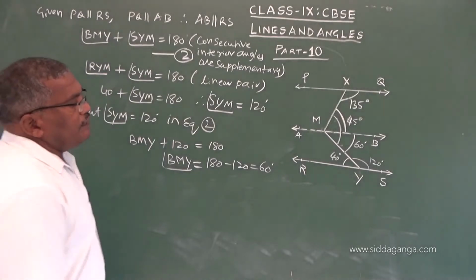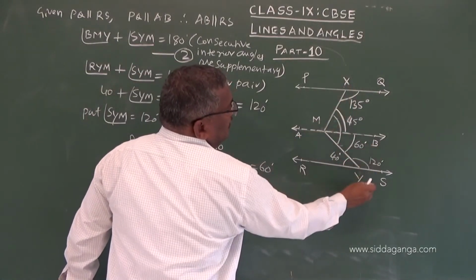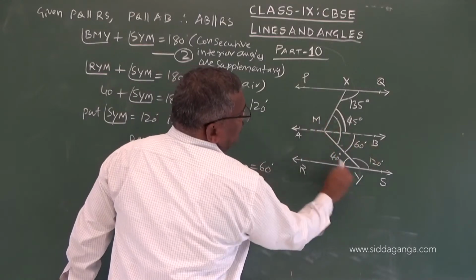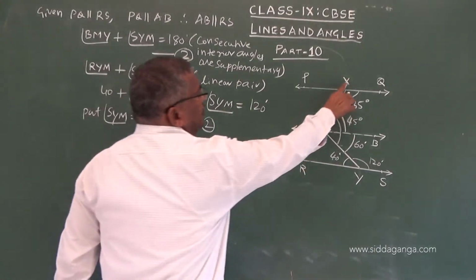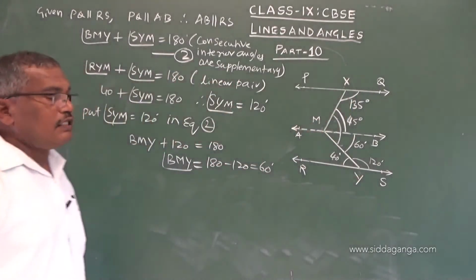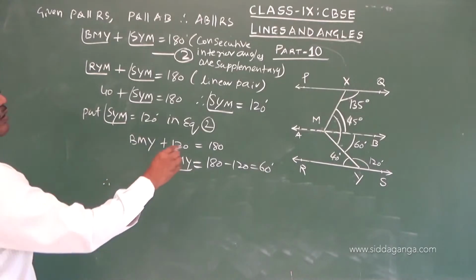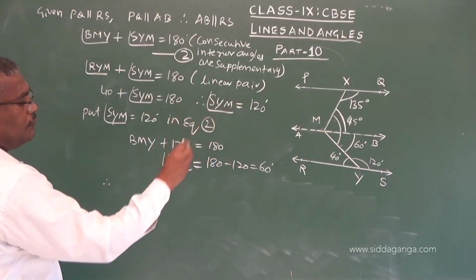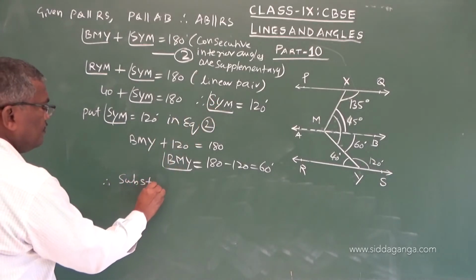Now, we have got 45 degrees for XMB and 60 degrees for BMY. So add those two, and we get XMY, which is asked. So substitute in equation 1.